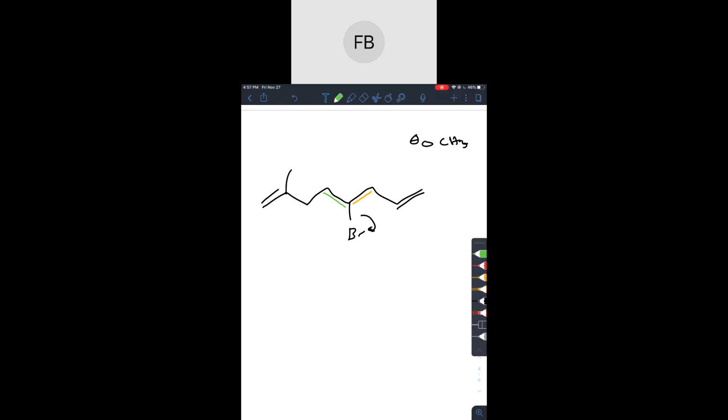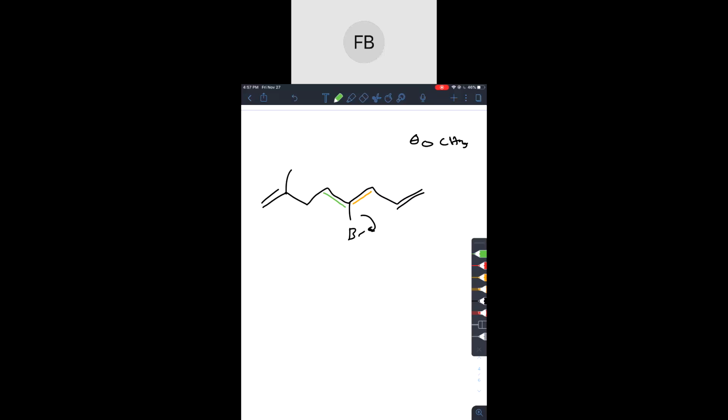You should always look for Zaitsev's rule. When you're going to the right or the left, you see they'll both have two substituents either way, so it doesn't really matter. But you should stop yourself there and think there must be something else. And the answer is conjugation.